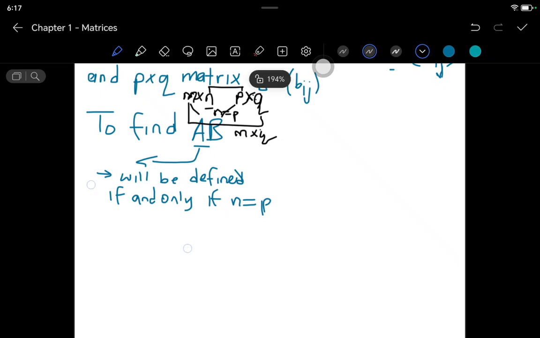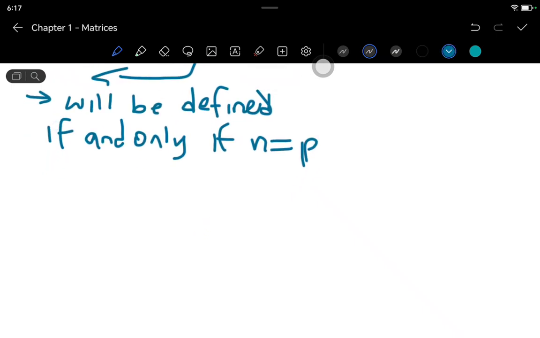Now, let me add another condition before I find anything.